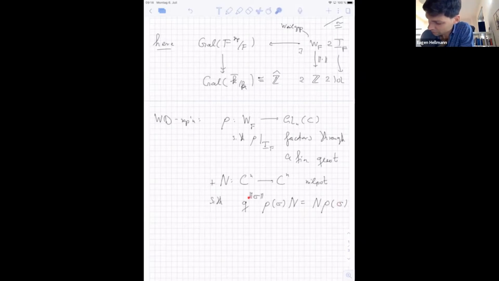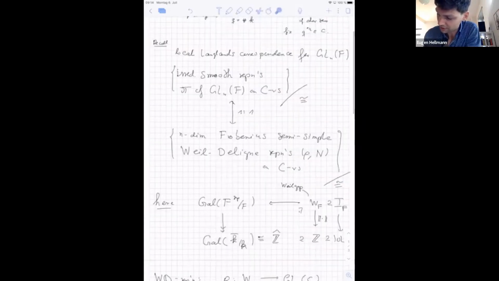So you enforce an equation like this, and this in fact automatically forces N to be a nilpotent element. So these are the Weil-Deligne representations that showed up here, which are actually quite close to Galois representations.